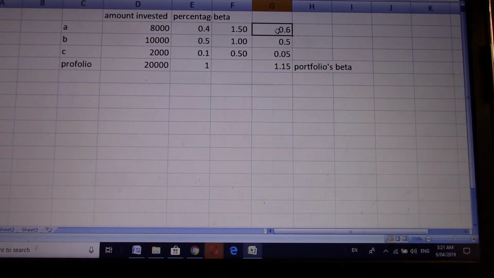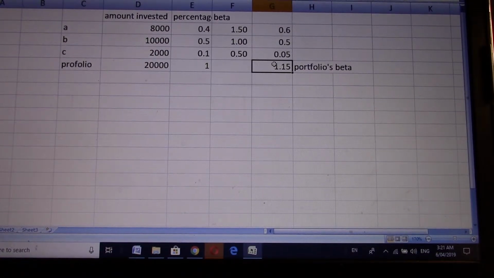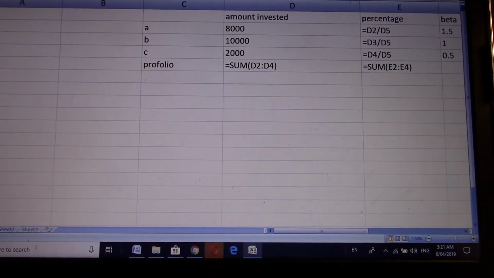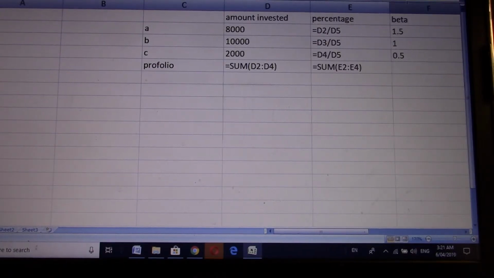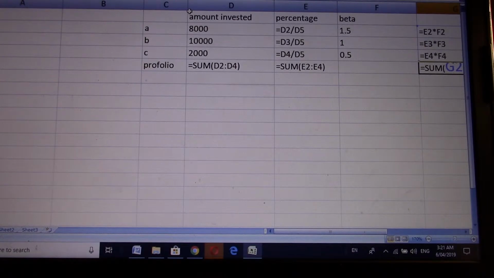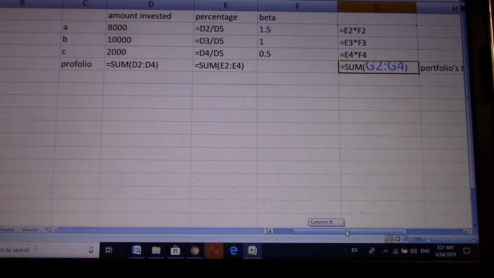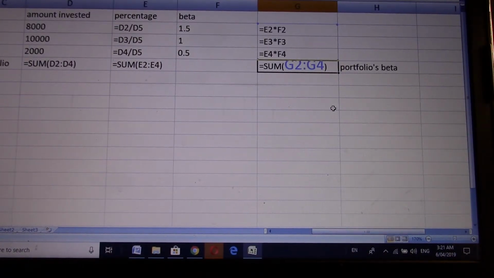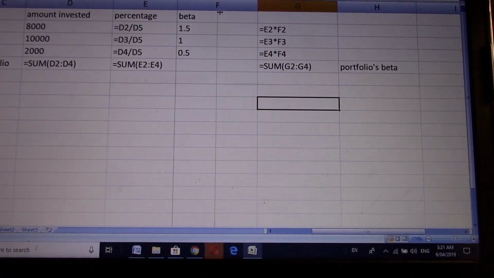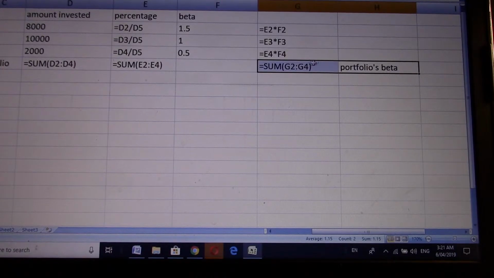So you see, column G is just column E multiplied by column F. That's column G, and we add it up, and let me show you the equation, and that's the portfolio's beta. So you see, this is the equation for this. So the answer should be here.